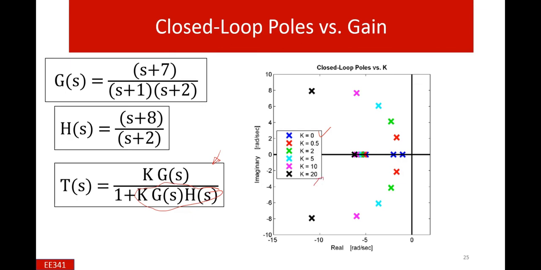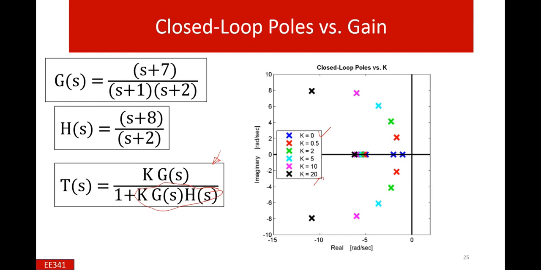If we change the values from 0 to 0.5, these poles are lying in the complex plane, and as we further increase the values of k, the locations of the poles change accordingly.